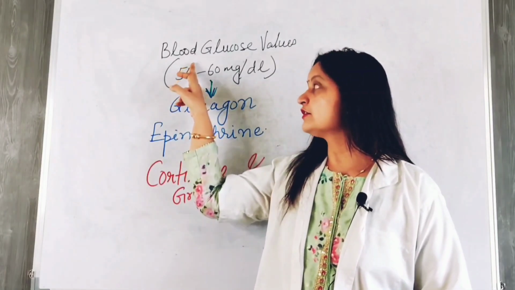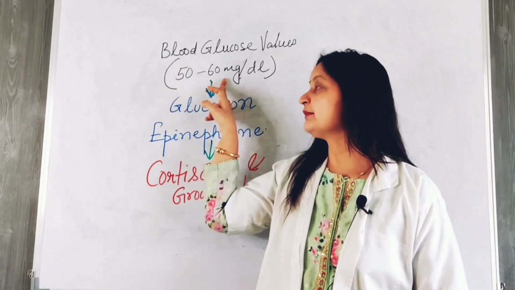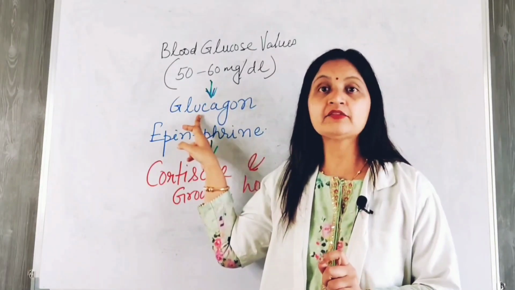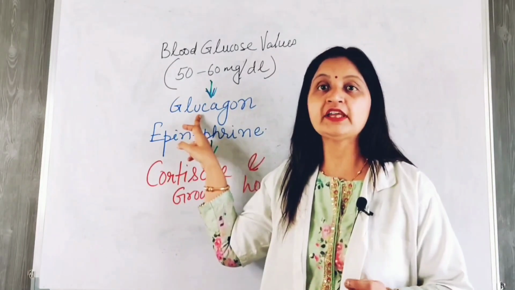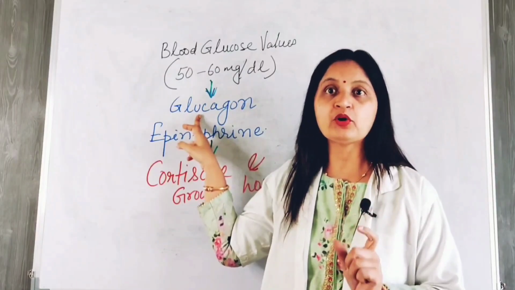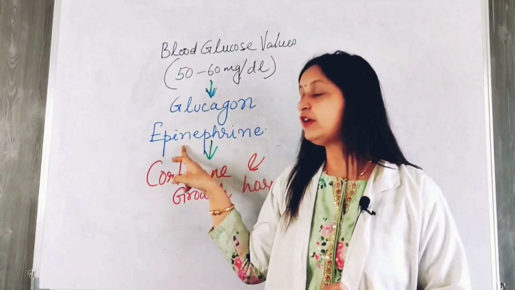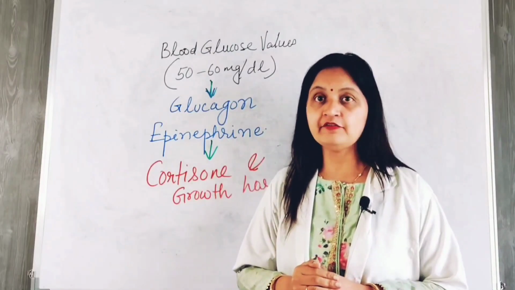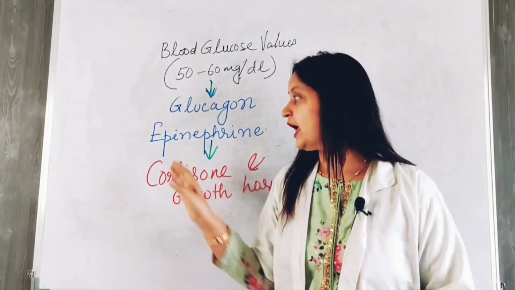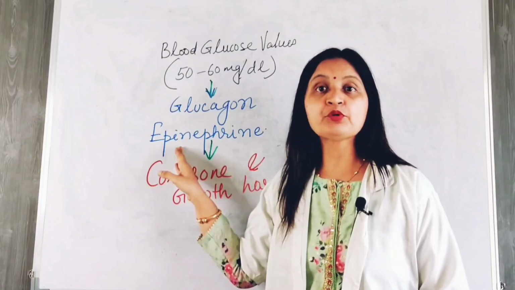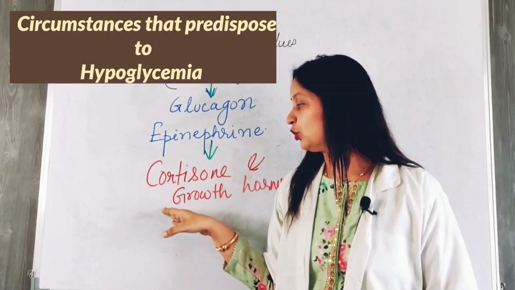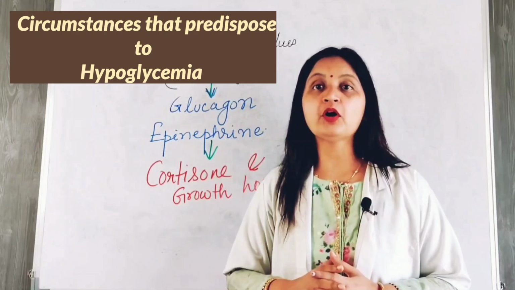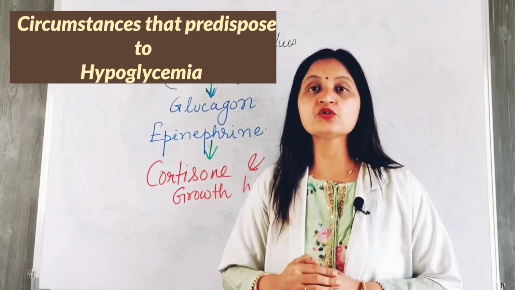When the blood glucose concentration falls to between 50 and 60 milligram per deciliter, glucagon is the main hormone responsible for acute recovery from insulin-induced hypoglycemia. Epinephrine levels also rise, and these also help in acute recovery from hypoglycemia. As the hypoglycemia becomes prolonged, cortisol and growth hormone are released into the circulation, and all of these hormones tend to restore the blood glucose to normal.